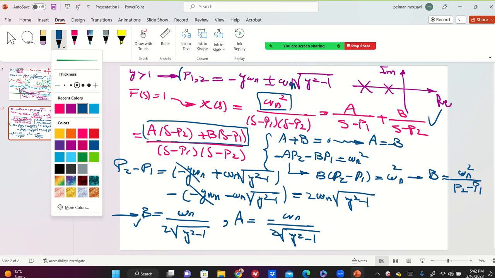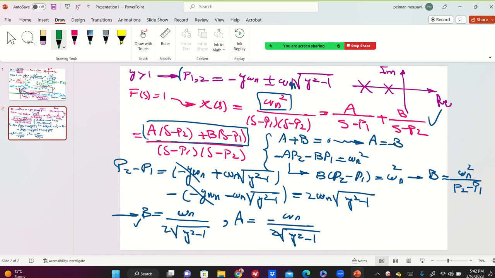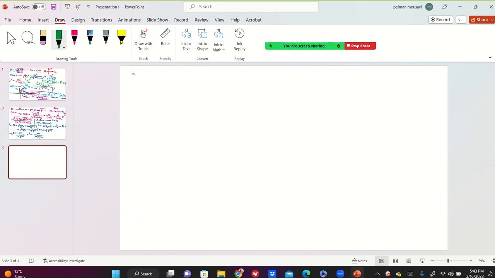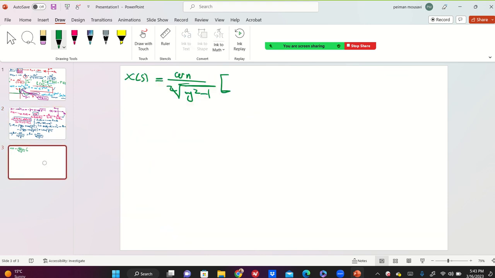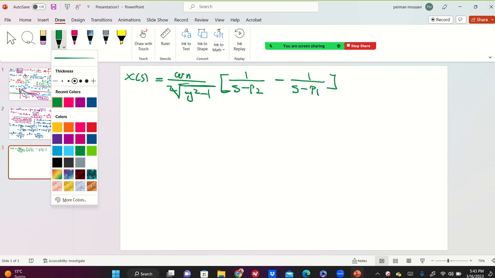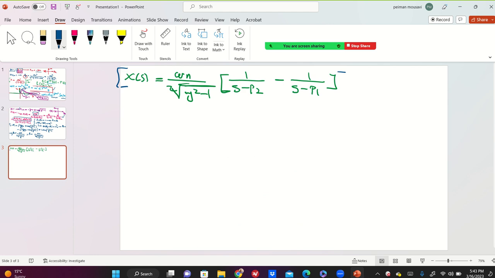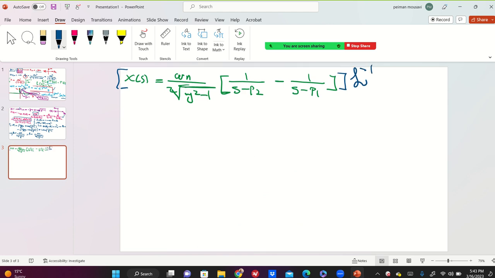Being good. So being said, we get X of s is going to be omega n over 2 square root of zeta square minus 1, times 1 over s minus p2 minus 1 over s minus p1, because this is plus, I'm starting with this. Going back to the time domain, we take the Laplace inverse.